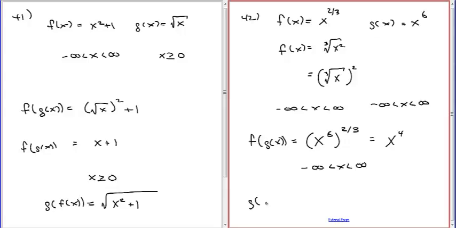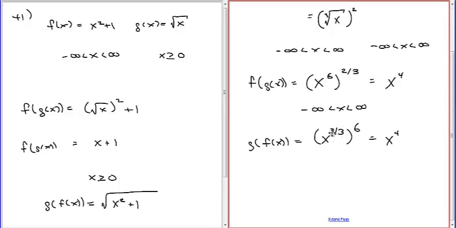And then you have g of f of x, which is this plugged into there. So it's x to the 2/3 power, to the 6th power. And it simplifies down to the same thing, x to the 4th.